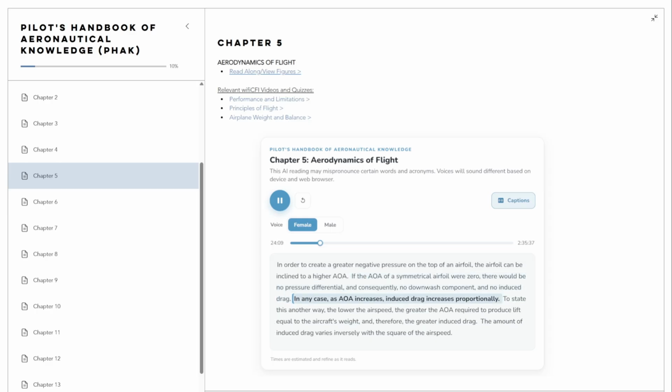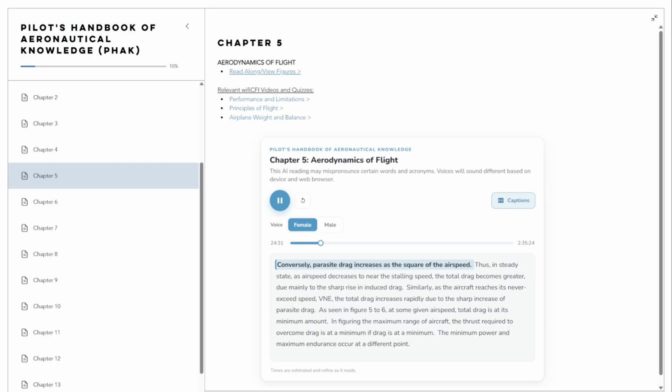In any case, as AOA increases, induced drag increases proportionally. To state this another way, the lower the airspeed, the greater the AOA required to produce lift equal to the aircraft's weight, and, therefore, the greater induced drag. The amount of induced drag varies inversely with the square of the airspeed.